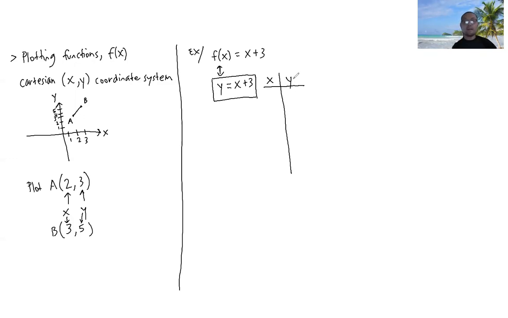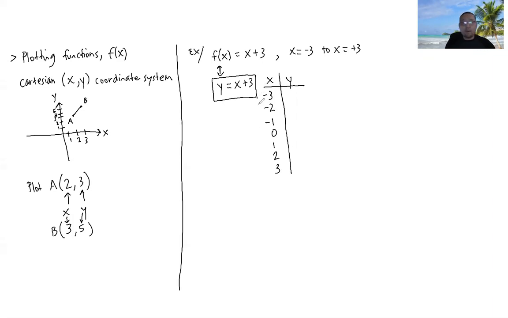Let's say I want to plot this function on the interval from x is equal to -3 to x is equal to +3. So I want to plot all the points from x is equal to -3, -2, -1, and so on, all the way to +3.